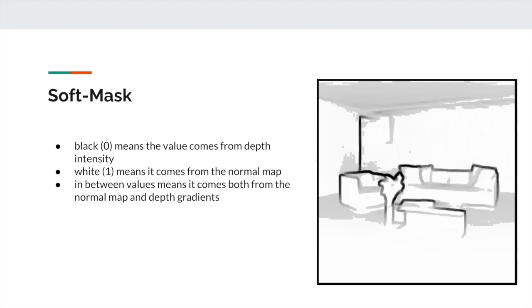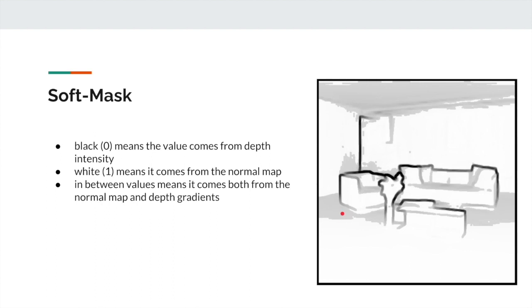More concretely, black pixels in our soft mask mean the information comes from depth intensities, whereas white pixels mean the information comes from the normal map. And in-between values, gray pixels, control how much information we get from depth and normal. That amount is controlled by the pixel intensities. The more black the pixel is, the more information we use from depth gradients.